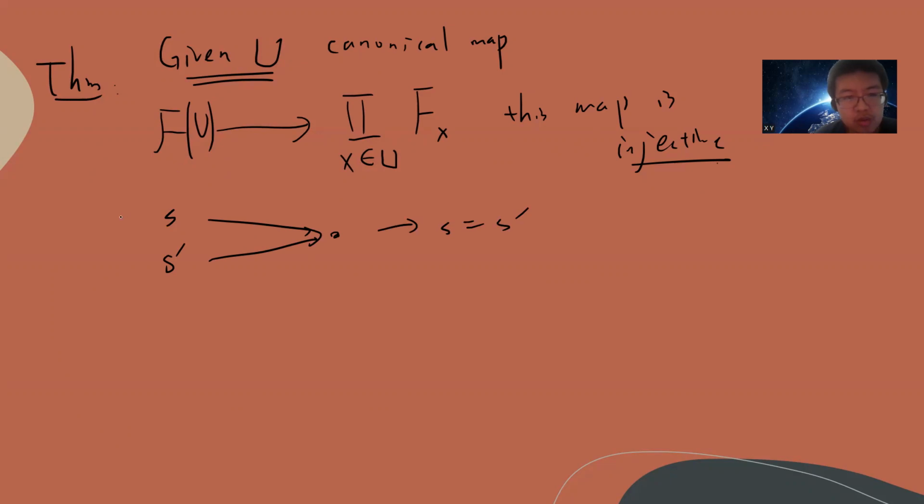If I map to here, that means for each x, each component is the same.